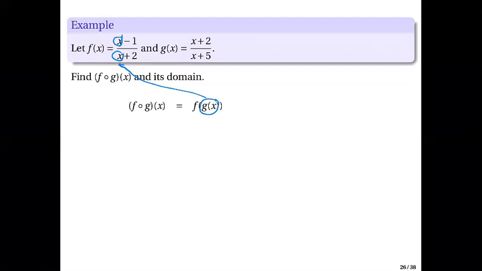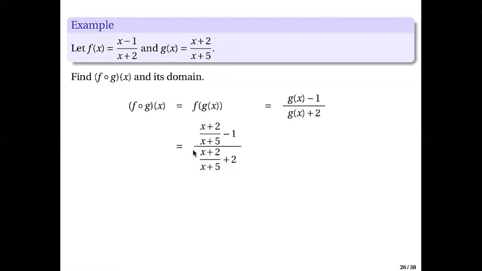So we have the following expression. Your x here and your x here are now replaced by g of x. And then we replace your g of x with the representation of that function, which is x plus 2 over x plus 5. So here, x plus 2 over x plus 5 for this part, and then you have the minus 1.